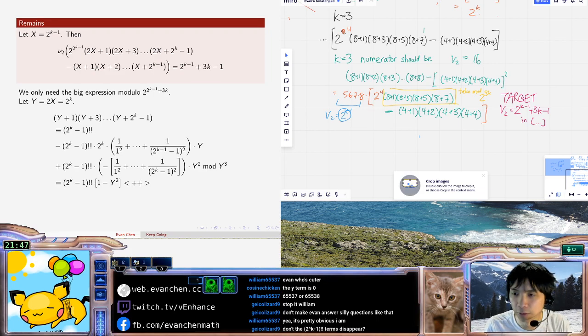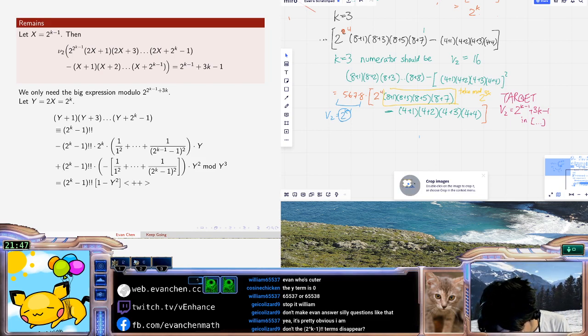Don't the 2 to the k minus 1 double factorial terms disappear? Oh, good point. They should... No, they... Wait, what?